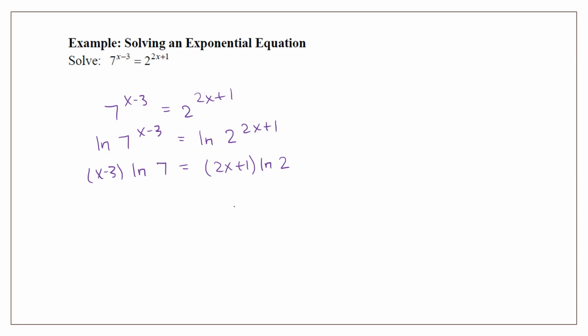Now I'm going to distribute the natural logs to both terms within my parentheses. So I'm actually going to multiply. So I'll have x times the natural log of 7 minus 3 times the natural log of 7. And I'll do the same thing on the right-hand side.